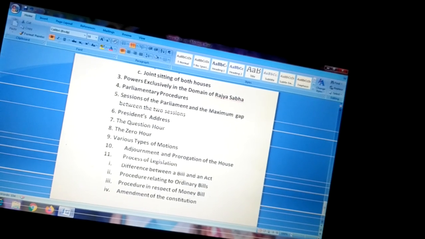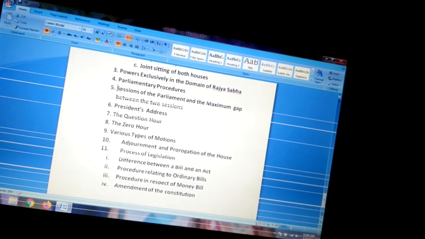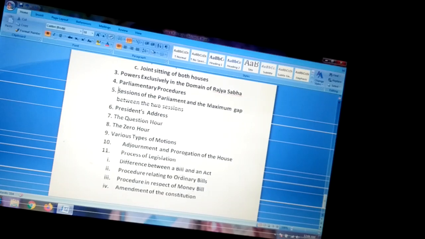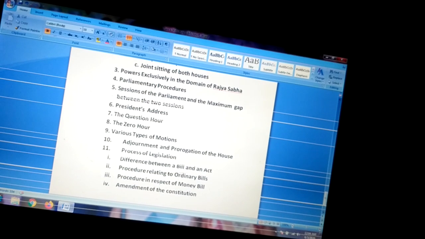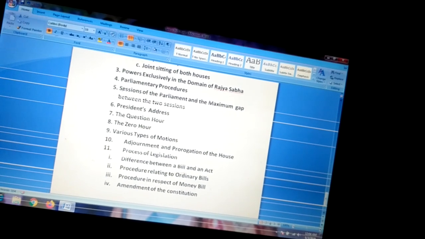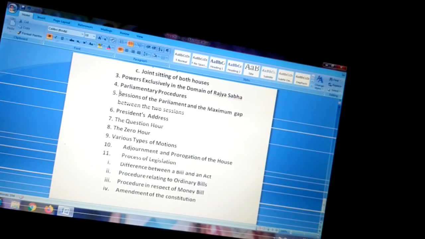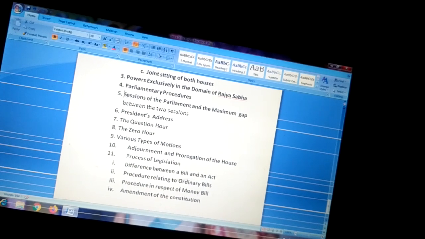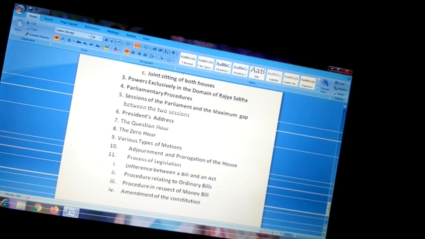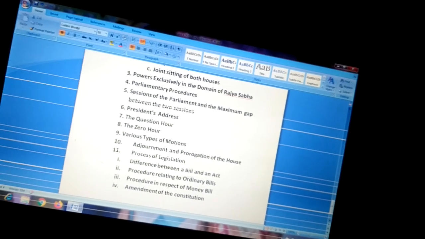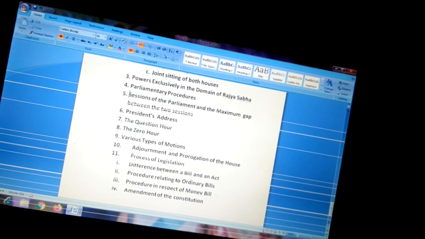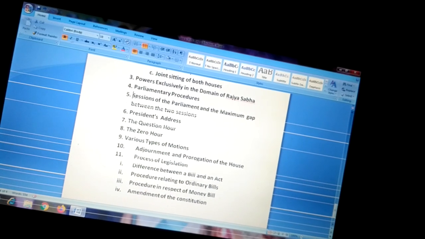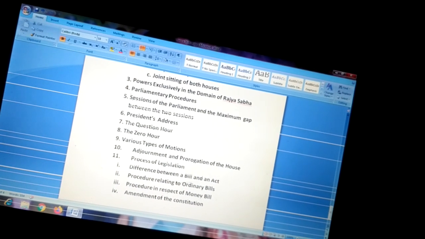In the famous case of Keshavananda Bharati, state of Kerala, the Supreme Court held the parliament could change any provision of the constitution, provided that the amendment didn't damage the basic structure of the constitution.